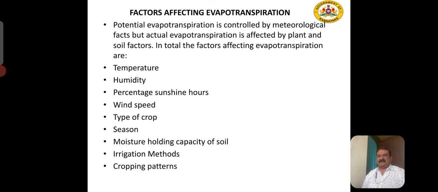In total, the factors affecting evapotranspiration are temperature, humidity, percentage sunshine hours, wind speed, type of crop, season, moisture holding capacity of soil, irrigation methods, cropping pattern. So these are the factors which are affecting the evapotranspiration.